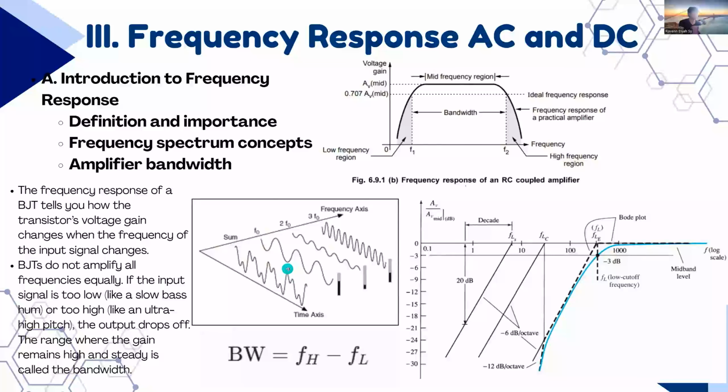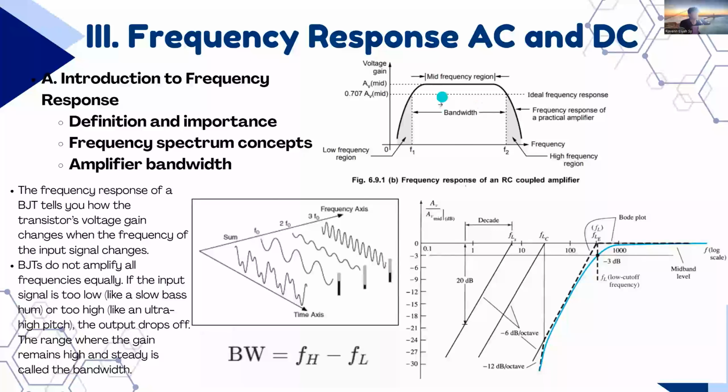So we will divide the frequency spectrum into three distinct bands. Low frequency range. This is the low frequency range, the region where coupling and bypass capacitors cause voltage gain to drop because their capacitive reactance increases at lower frequencies.